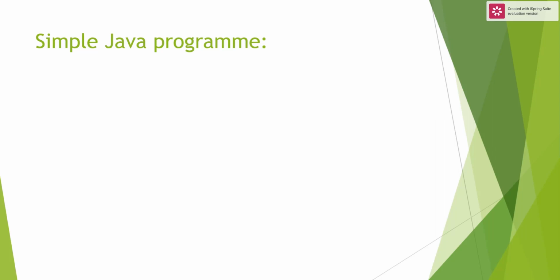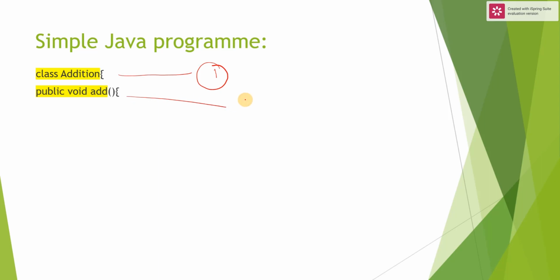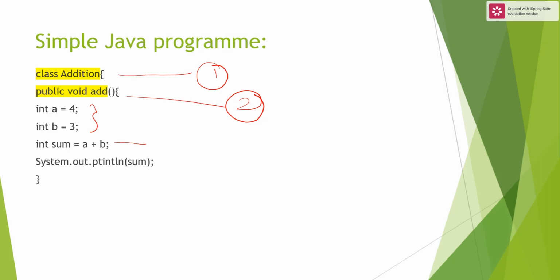Now see the example of the last program. Here first step we have declared our class. Second step we have declared our function. Next we have written our business logic as taken the two numbers and then we have printed their output.